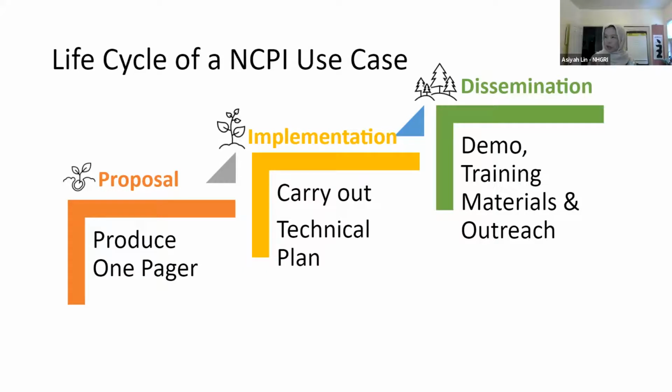So with that, we are looking at a journey. This is a journey of NCPI use cases that starts from a proposal phase, goes into an implementation phase, and then ends with a dissemination phase. During the proposal phase, we mainly focus on producing a one-pager. In the implementation phase, it's mainly to carry out the technical plans defined in the one-pager.